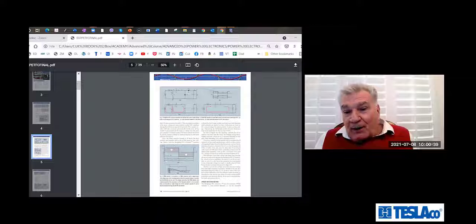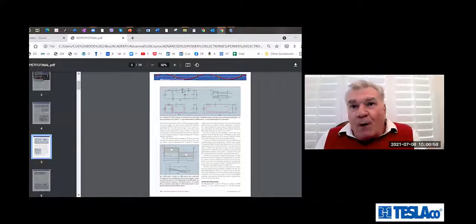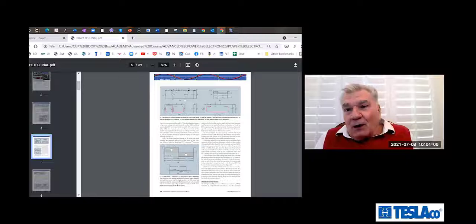Because this ripple delta VR compared to VR is 1% or 2%, maybe 5%, but still 20 times smaller. So therefore, this flux is 20 to 100 times smaller than the flux on a PWM inductor. Therefore, this resonant inductance is small and does all the work.